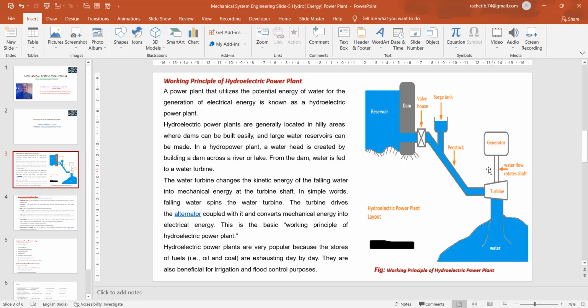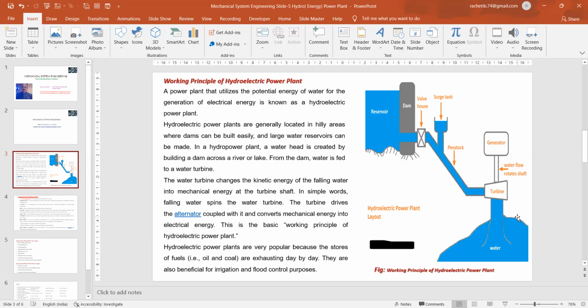When this kinetic energy impinges on the turbine blades or buckets, the turbine rotates and the shaft rotates, so kinetic energy gets converted into mechanical energy. This is connected to a generator, so the mechanical energy in the form of rotation gets converted into electricity, and that electricity is sent to the grid for our use.